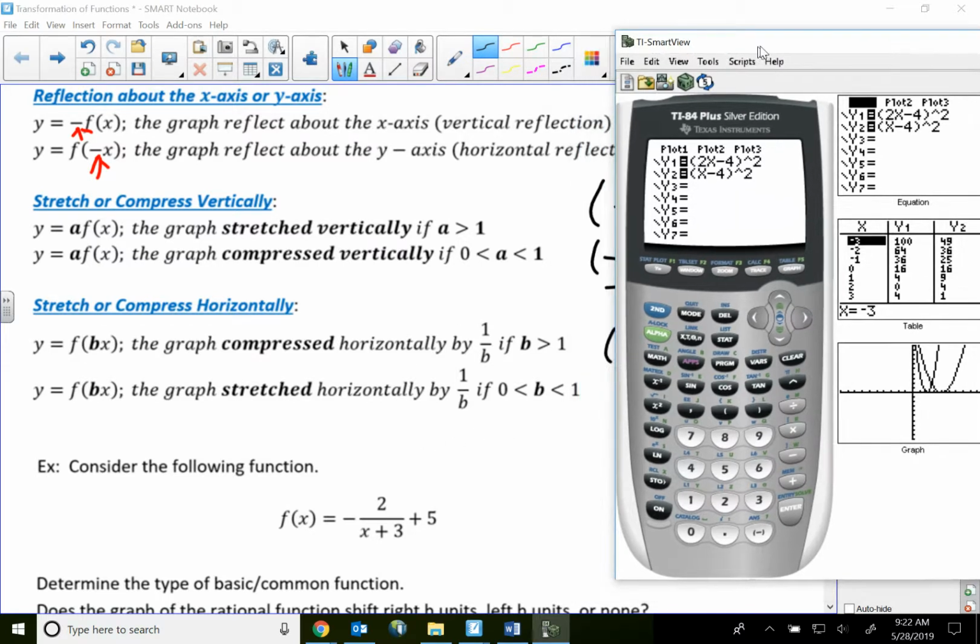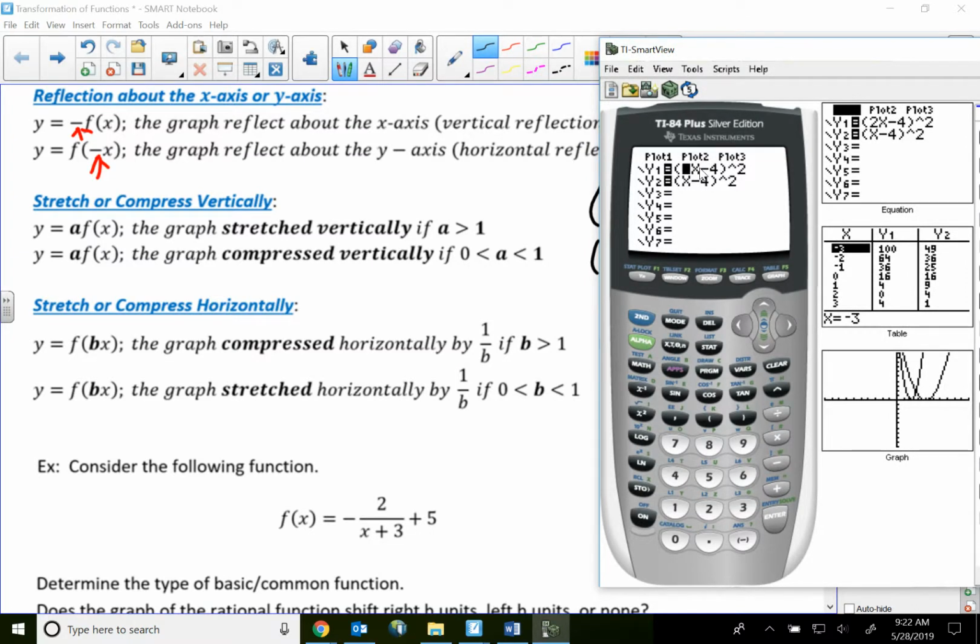Now, if I pick this b, this number in front of my x inside the function, to be anything between 0 and 1, let's do a 0.5 again. Let me insert a 0.5 or a half. Then it means it was stretched horizontally. So basically what we're saying is pulling your U a little bit wider, pulling the U horizontally, so then it will become wider.